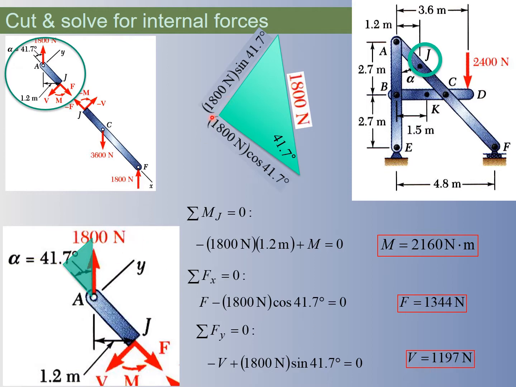But we have the 1,800 newtons going up, and to balance that, the shear is going to have to be this 1,800 sine 47 down. So there's our axial force, shear force, and internal bending moment. And that is looking inside of that little beam and those three reactions that are happening internal to it.